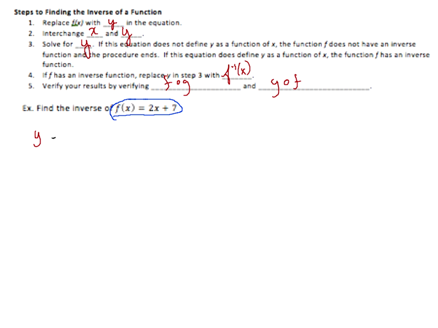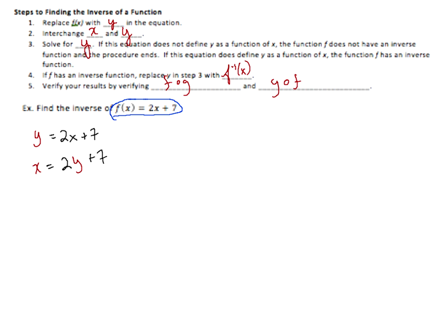So y equals 2x plus 7. The next step is to flip-flop x and y. So this is what that looks like. x equals 2y plus 7.